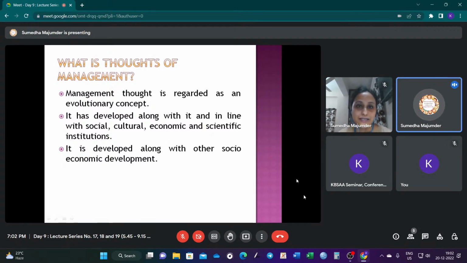Which type of process? The definition has already been given by several authors, mostly the very popular definition given by Mary Parker Follett. Management is a process, and which type of process? That is actually getting things done by others. Suppose anyone starts his or her business, that particular person invests his or her capital in the business.